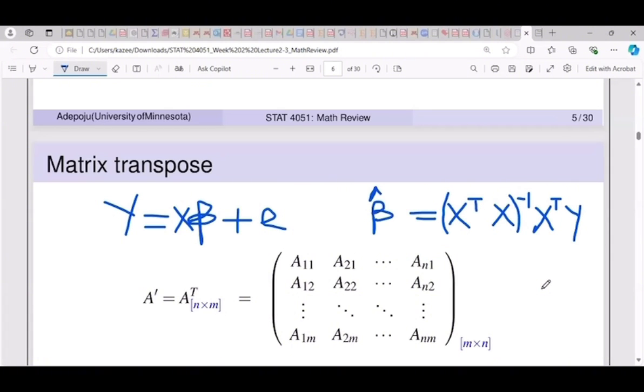If I want to get that, I need to see what is on the right hand side. You can see the transpose of X. From the design matrix X, we need to find the transpose of X. After finding the transpose of X, we multiply the transpose of X by X, then get the inverse. After getting that, we multiply by X transpose y.